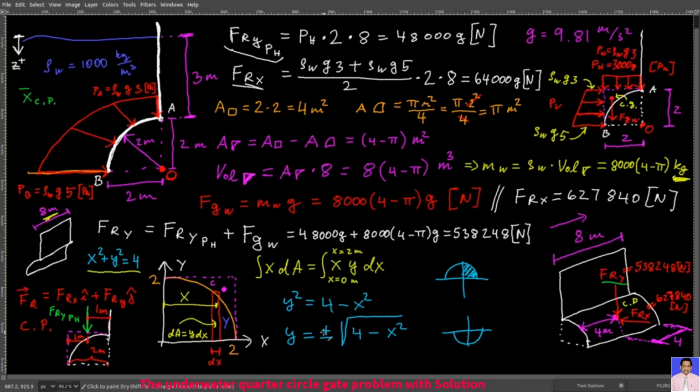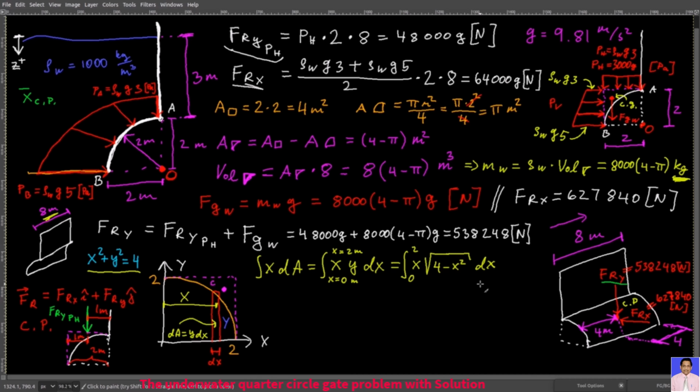So I'm just going to say that y equals the square root of 4 minus x squared. And that y that I have here can be replaced with this one here. So I can say that this is my integral.